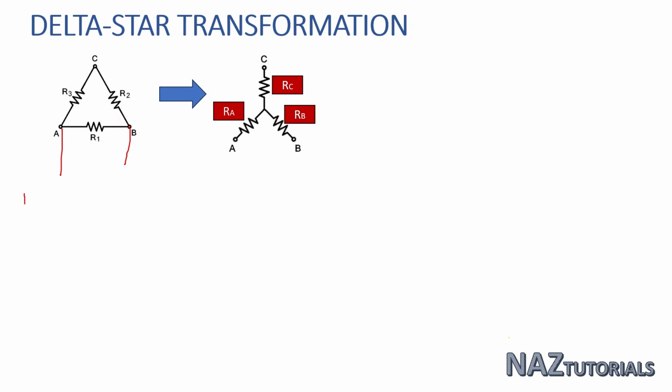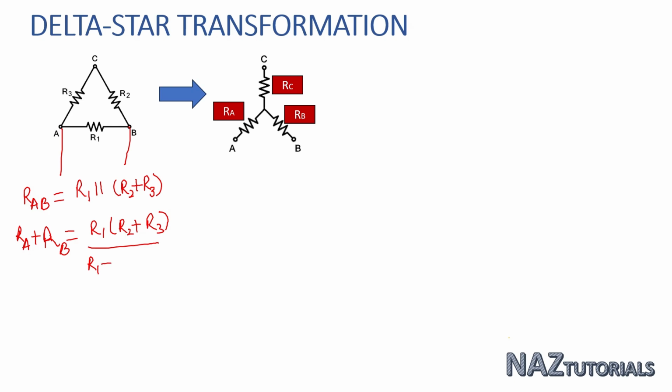So write RAB, that is R1 in parallel to R2 plus R3. So you can write RA plus RB is equal to R1 (R2 plus R3) divided by R1 plus R2 plus R3.